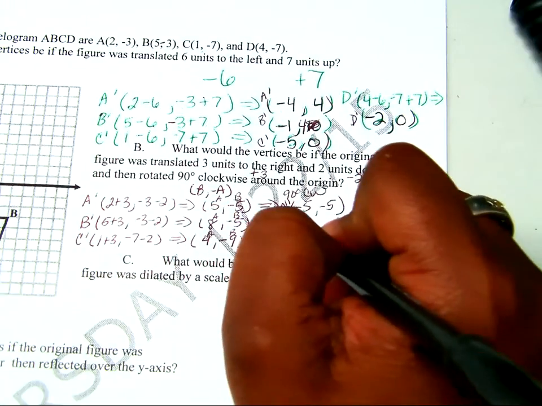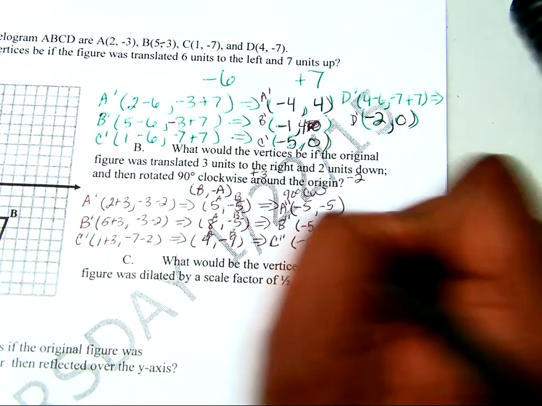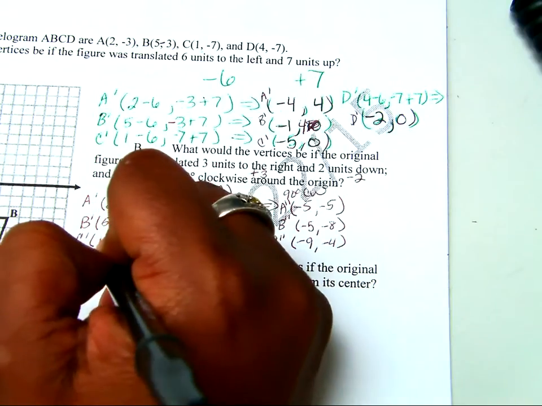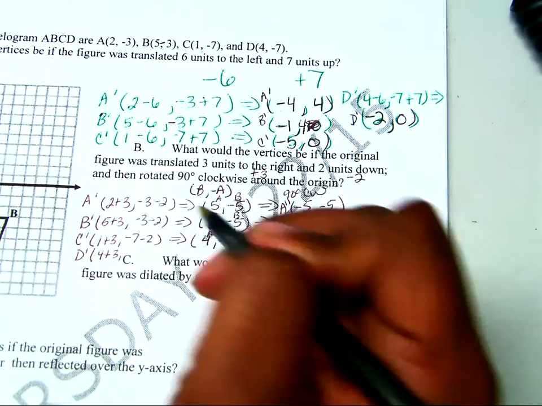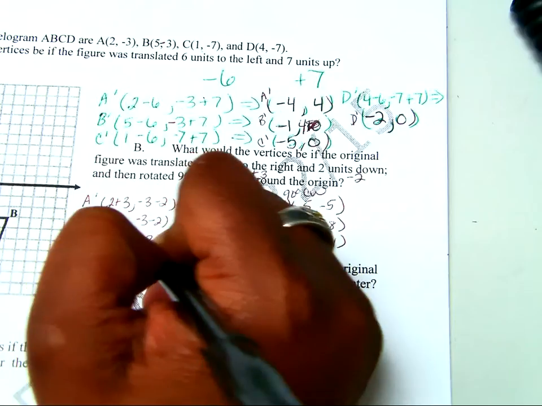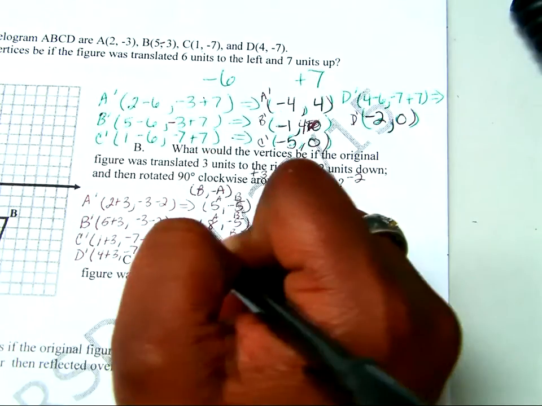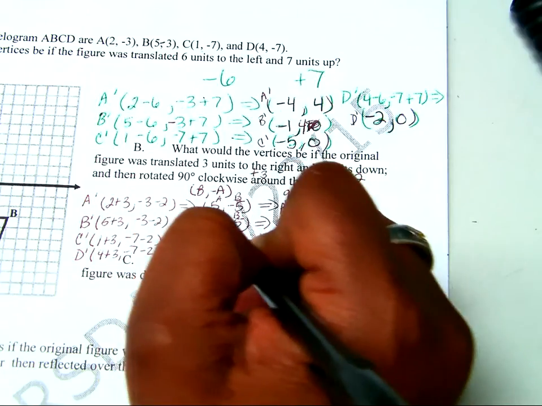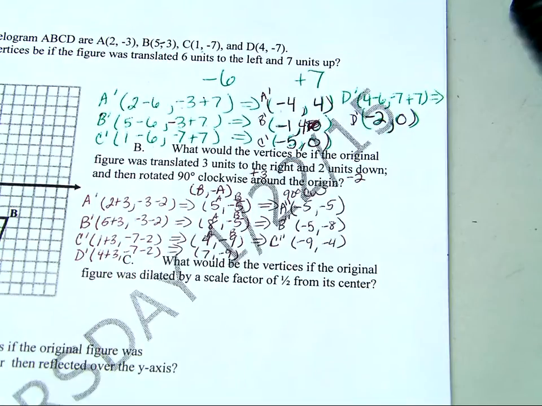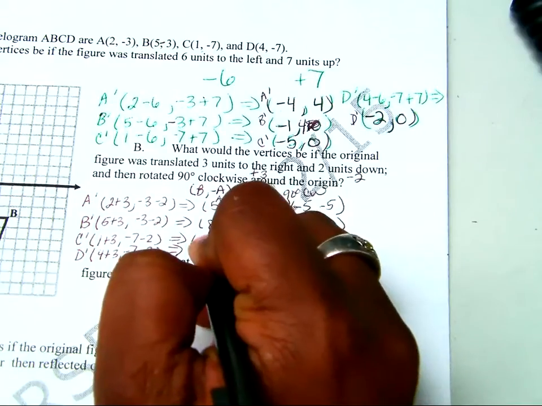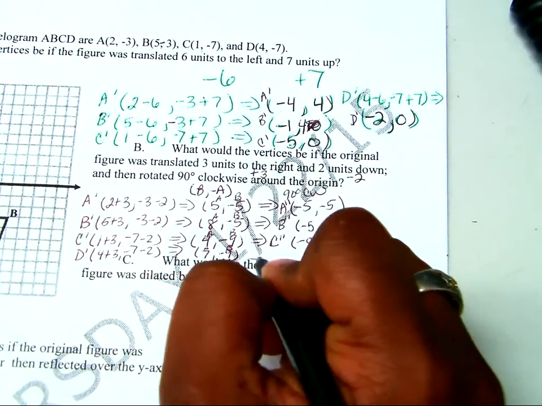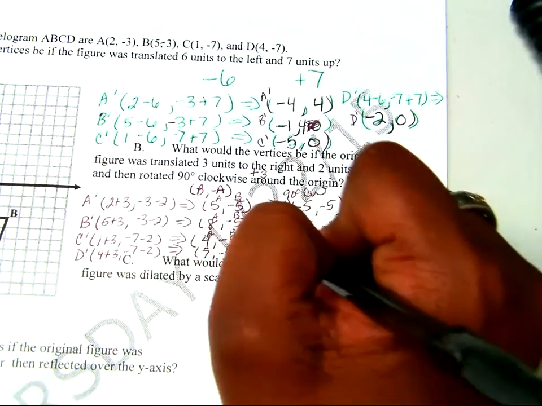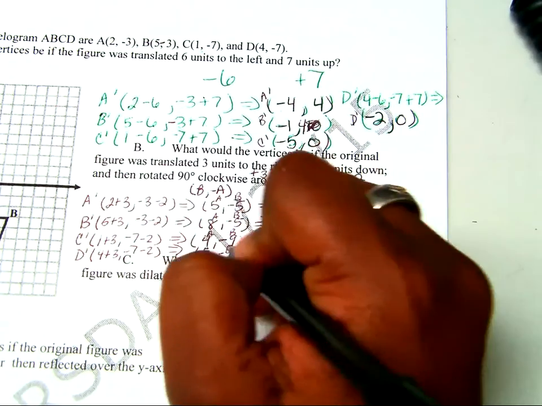And then D prime is 4 + 3, comma, -7 - 2. So my new point is 7, comma, -9. This is A, B. Sorry, that one's hard to see. So D double prime is going to be -9, comma, -7.